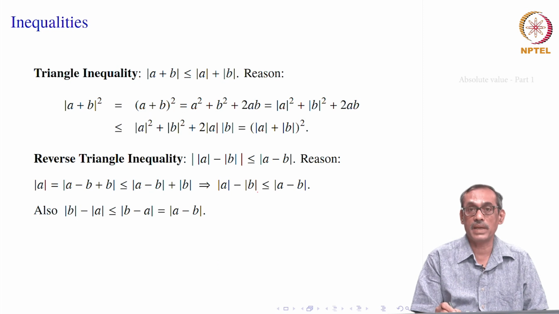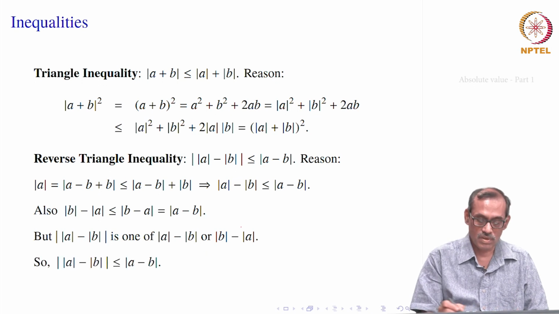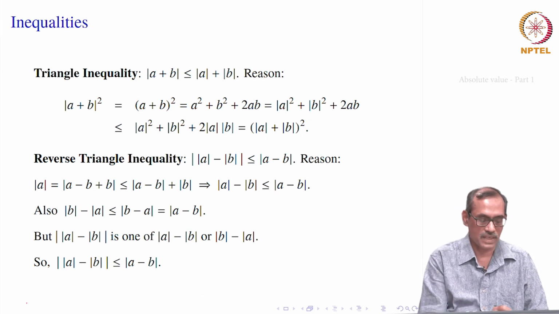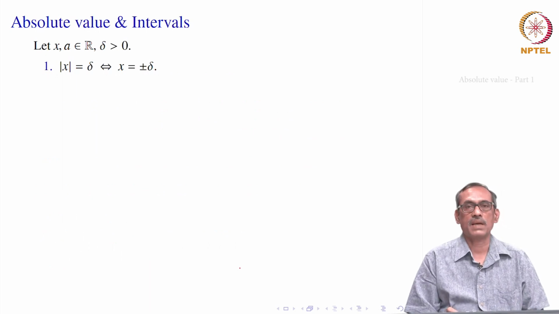It is either mod A minus mod B or mod B minus mod A. So, in any case the absolute value must be less than or equal to mod of A minus B. That is how we have shown the reverse triangle inequality. You can also square both sides and follow what we did for the triangle inequality; that will be an alternative proof.